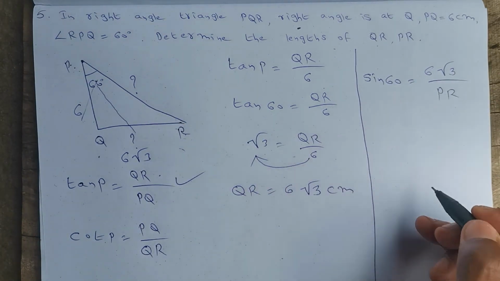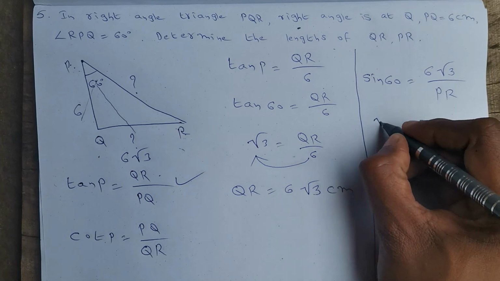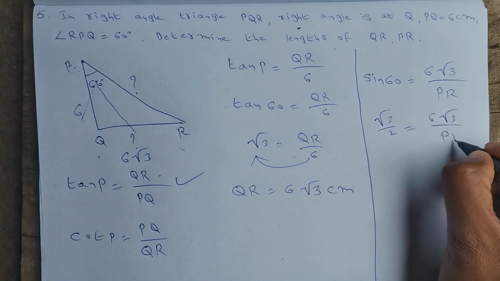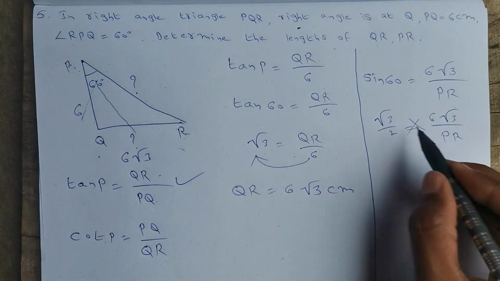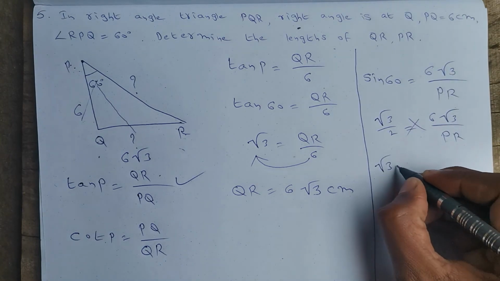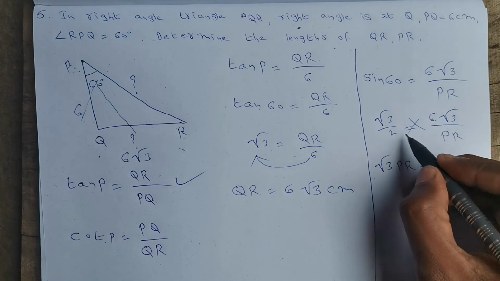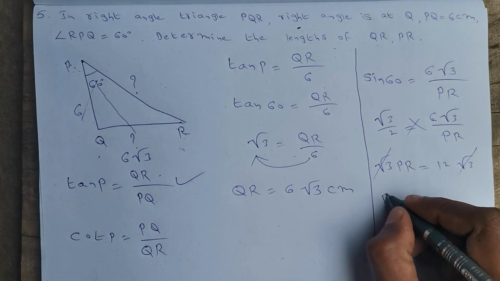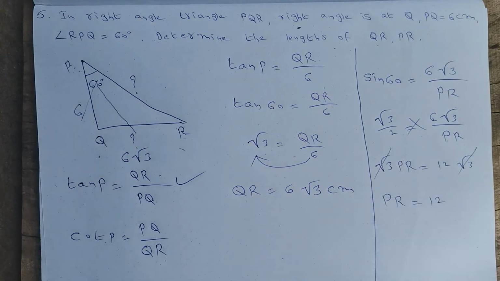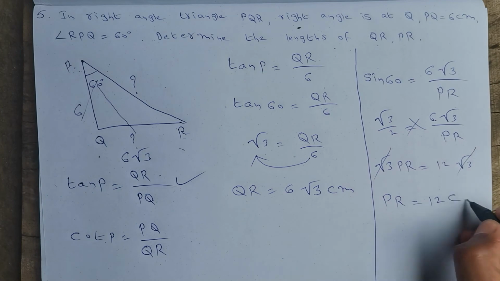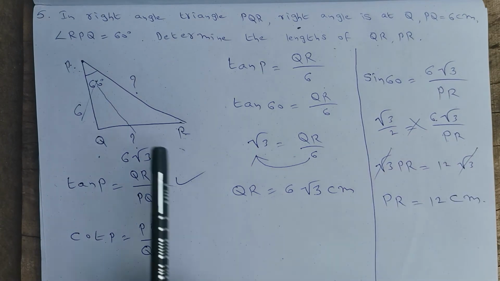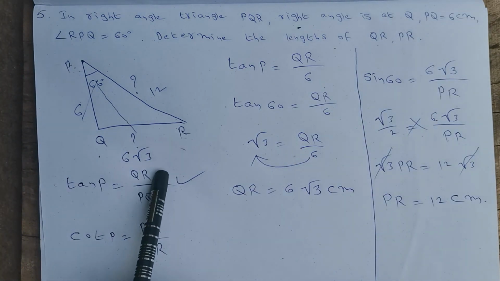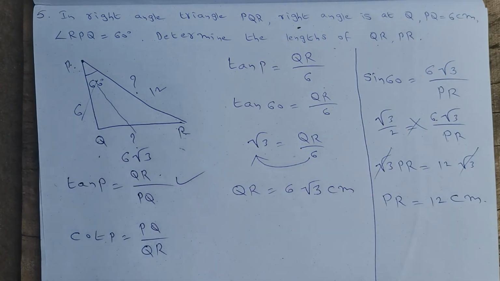Sine 60 value root 3 by 2 is equal to 6 root 3 by PR. Cross multiplication, PR into root 3 is equal to 6 2s are 12 times root 3. Here root 3 will get cancelled, so we remain with PR is equal to 12. All the measurements are in centimeters, so this is also centimeters. So PR value is 12 centimeters and QR value is 6 root 3 centimeters.